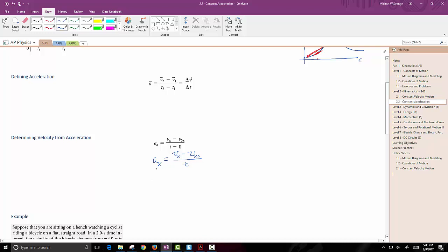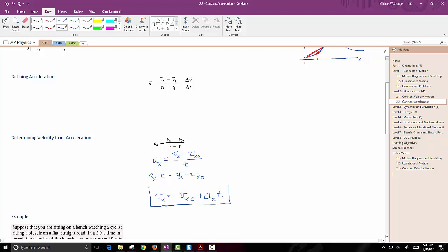I multiply over, and I get a_x times t equals my final minus my initial velocity. Then I add this over to the other side, flipping everything around because I like to get my variable by itself. So my final velocity is equal to my initial velocity plus the acceleration times time. And this is your second kinematic equation.